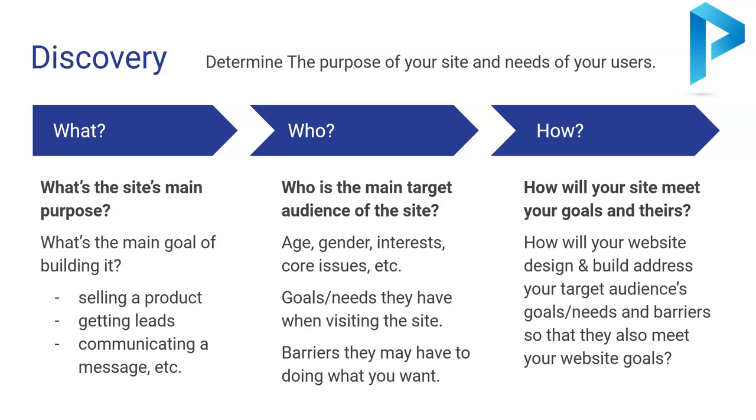And making sure that you've thought about the things that need to happen for that particular target audience so that, based on their age, their gender, their interests, the core issues that they are facing, and you might have multiple target audiences, that based on that, how that might impact their access to getting to the site, how they might view the site, usage of the site.